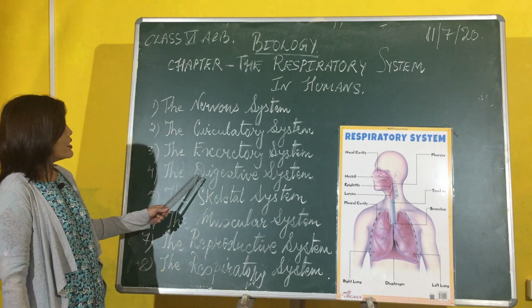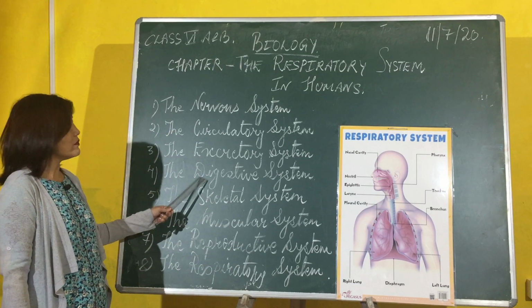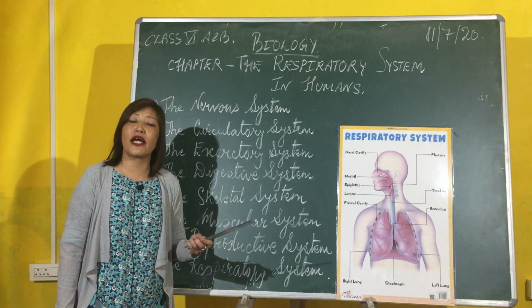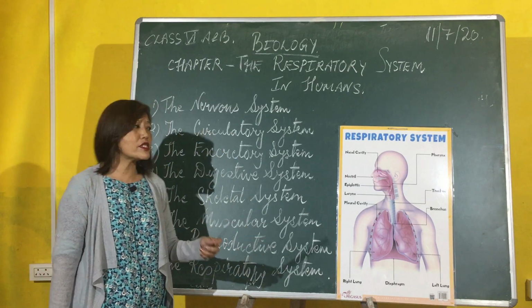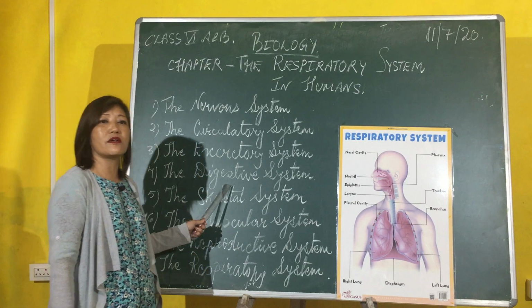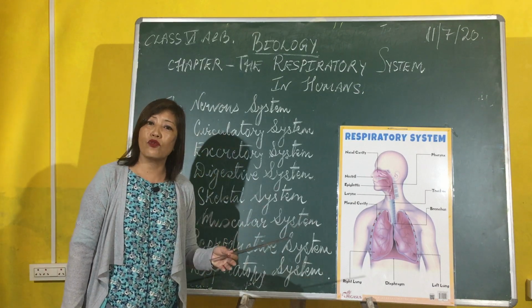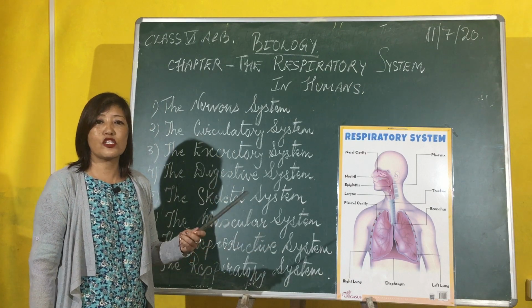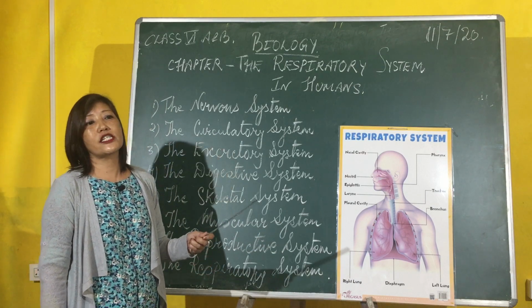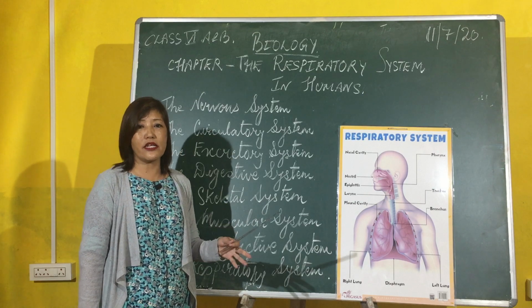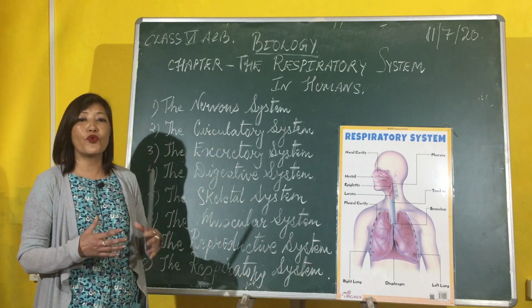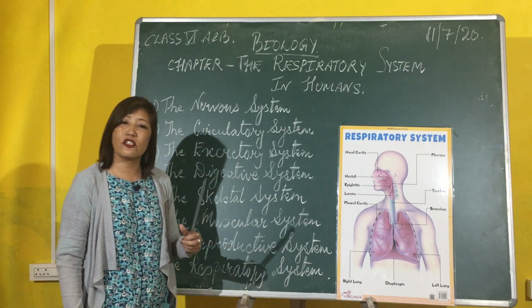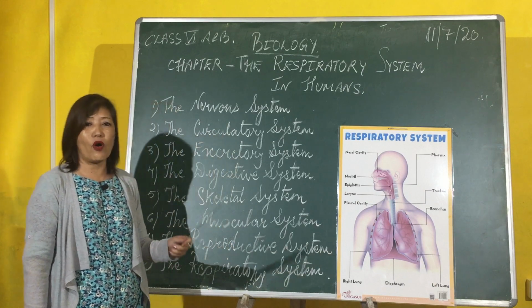And we have the digestive system, the system which helps to digest the food. The organs of the digestive system are the mouth, pharynx, esophagus, stomach, small intestine, large intestine, rectum, and anus. All these organs work together to digest the food inside our body.